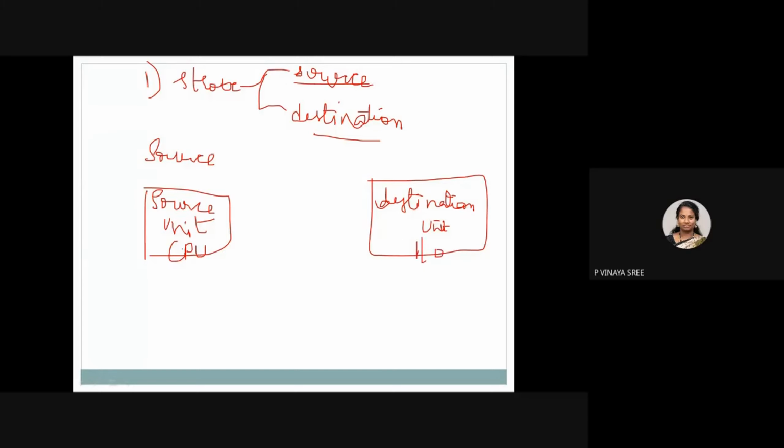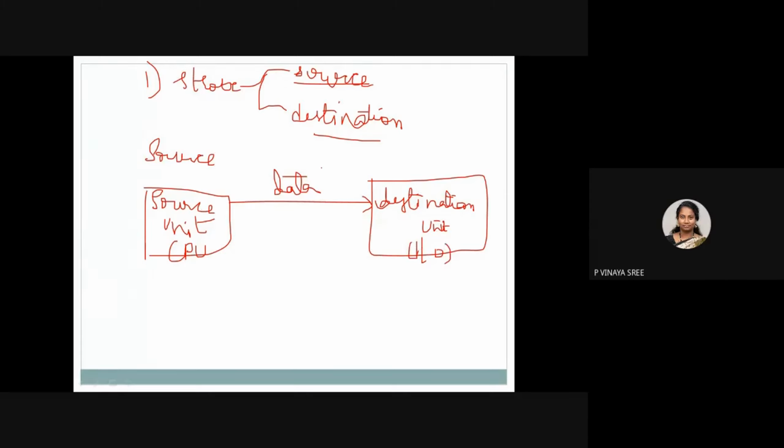Let us consider the CPU placed the data in the data bus and now has to give information to the destination unit.